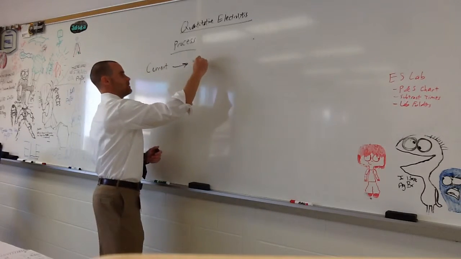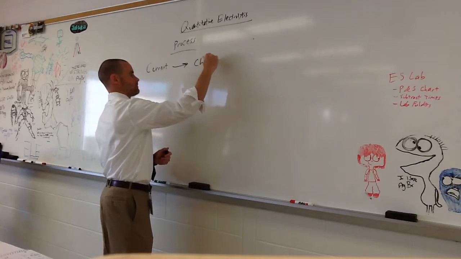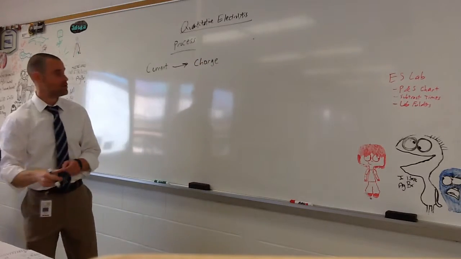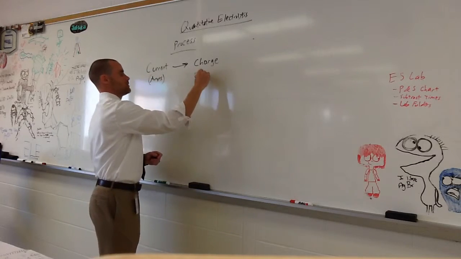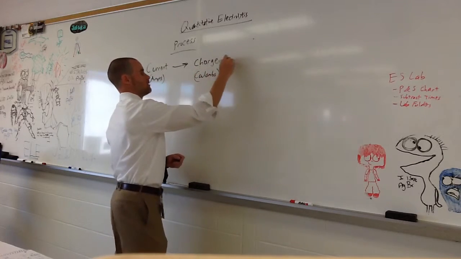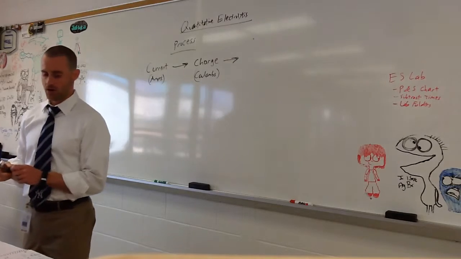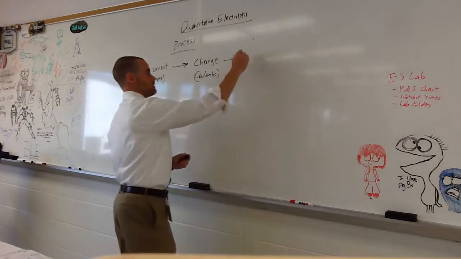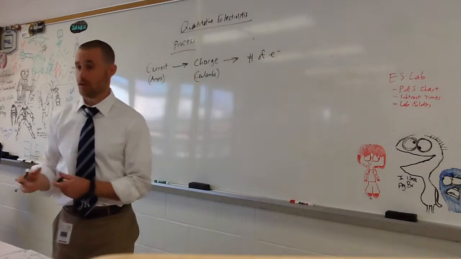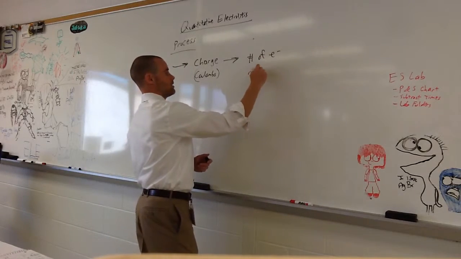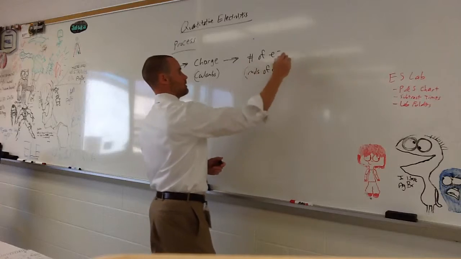Then you're going to turn that into charge. So that's coulombs. Current would be amps, charge would be coulombs. After charge would be the number of electrons, or we always say moles of electrons.